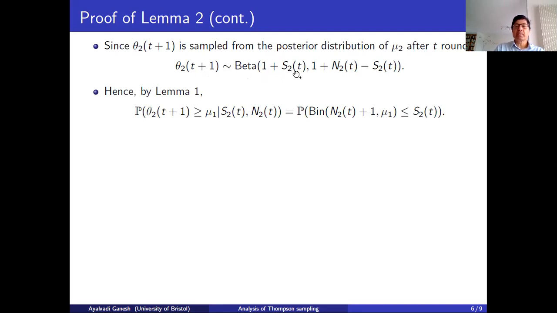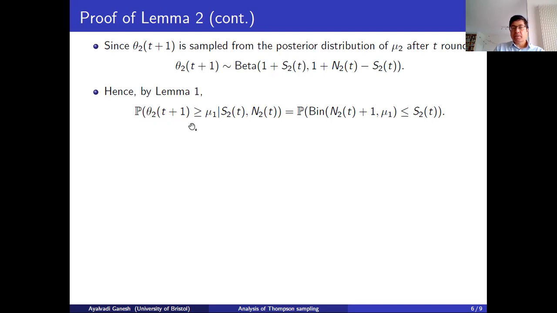And this is a beta random variable with integer parameters. And we are going to use lemma 1, which related beta distributions to binomial distributions. So the probability that this beta random variable is bigger than mu1, and I've made this conditioning explicit. So the parameters of the beta depend on S2t and N2t. So it's after conditioning on these that you get a beta.